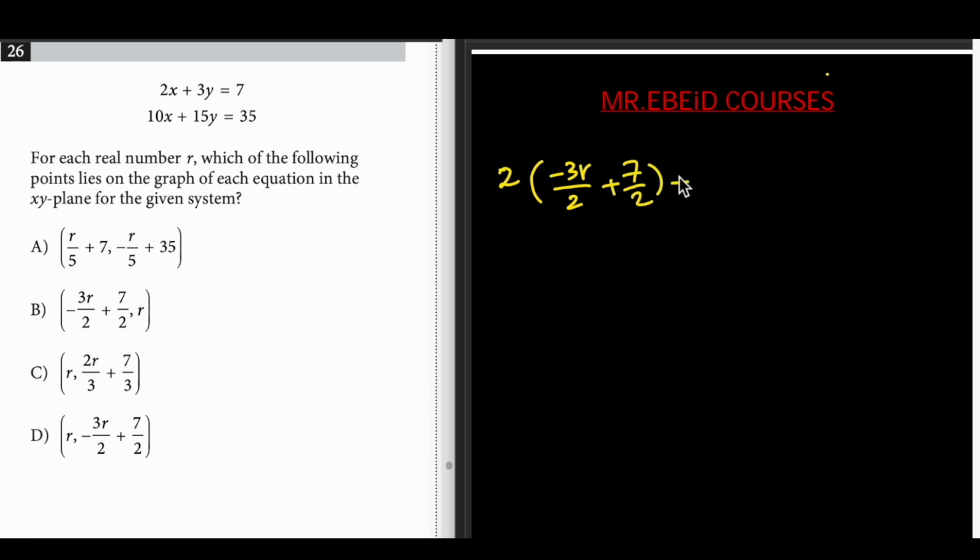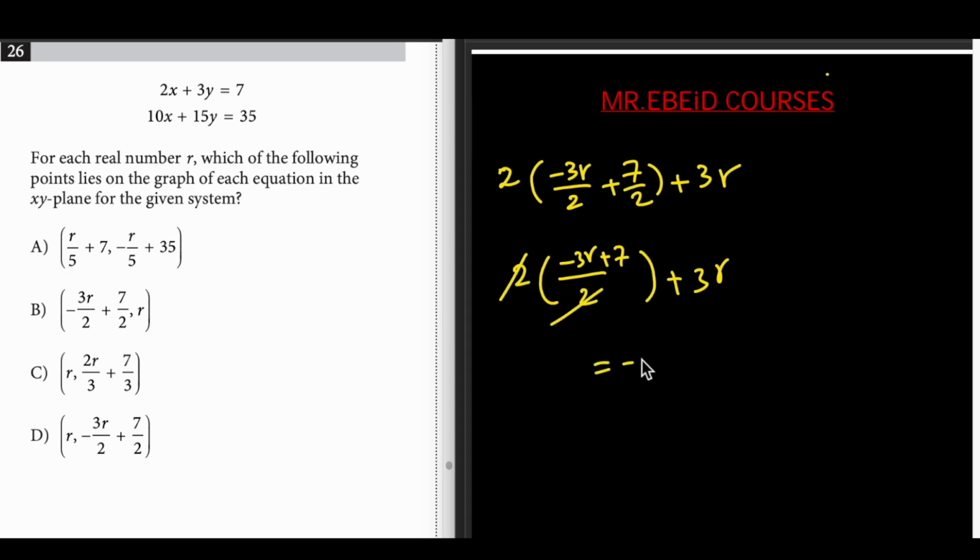This is for x, plus 3y, which is 3 times r. And the right side will be 7. We will check that. So it will be 2 times, writing the common denominator 2, negative 3r plus 7, plus 3r.